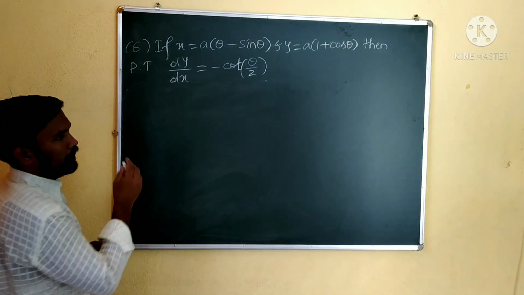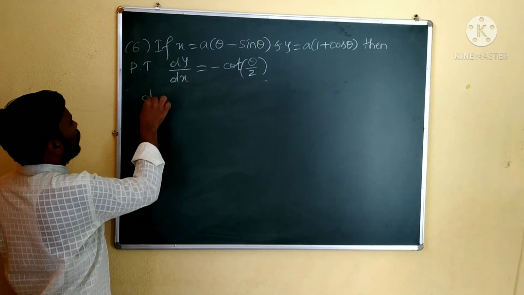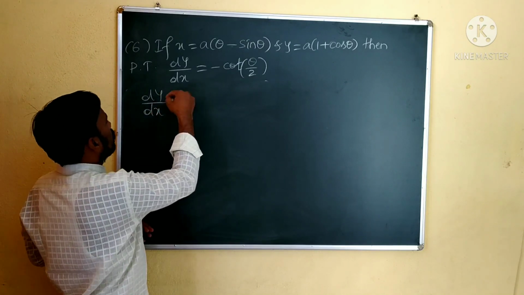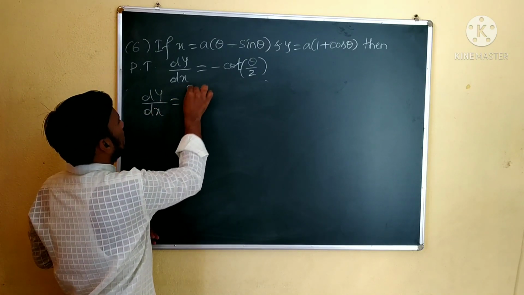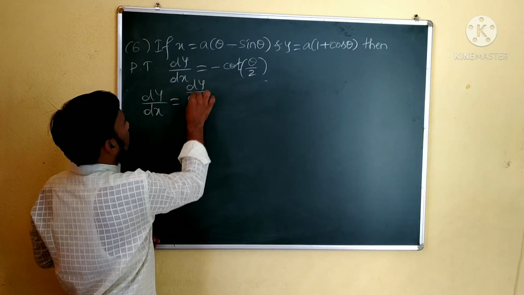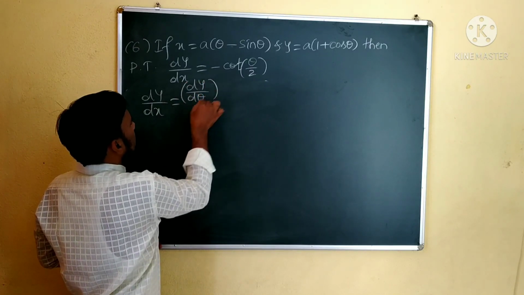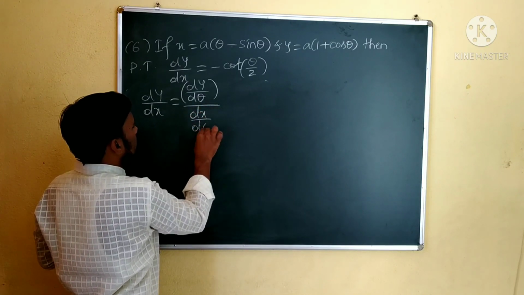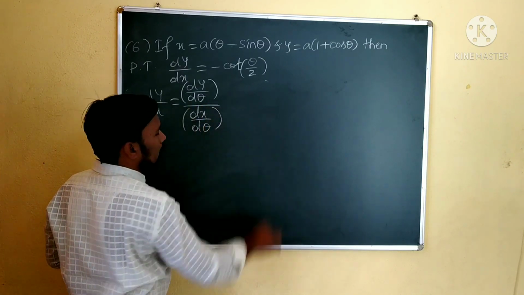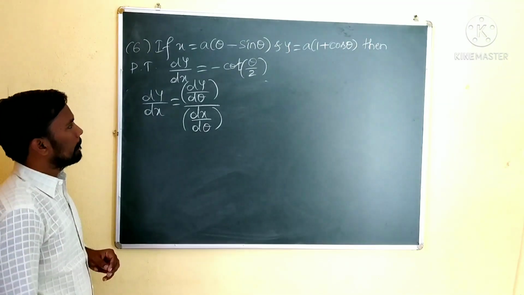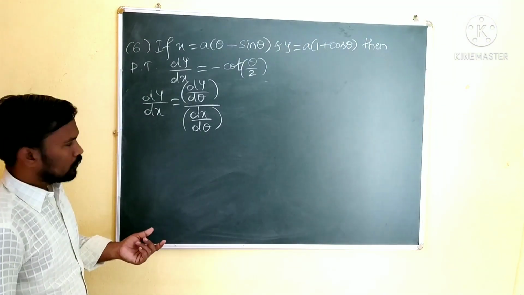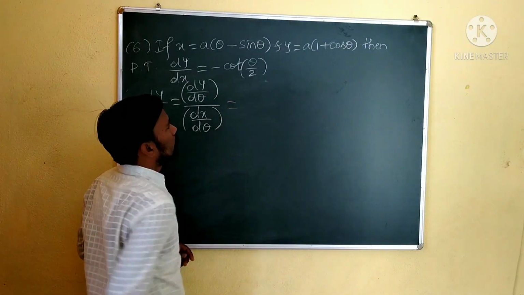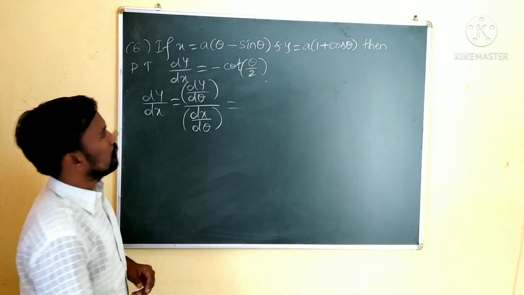Now dy by dx can be taken as dy by d theta divided by dx by d theta. So by using equation number 2, the dy by d theta value is nothing but the derivative of the second parametric equation.